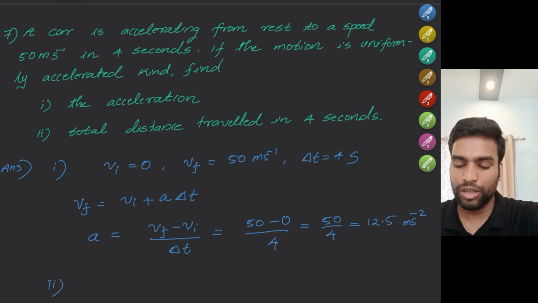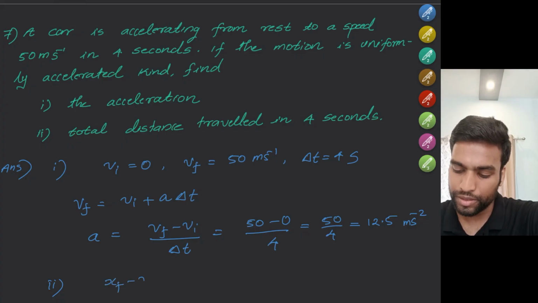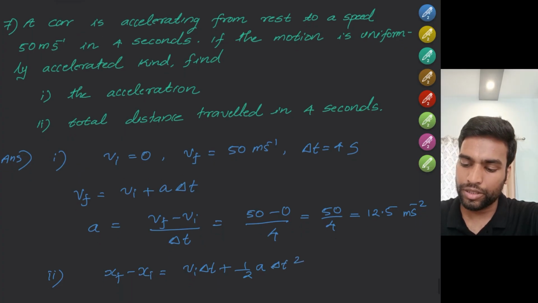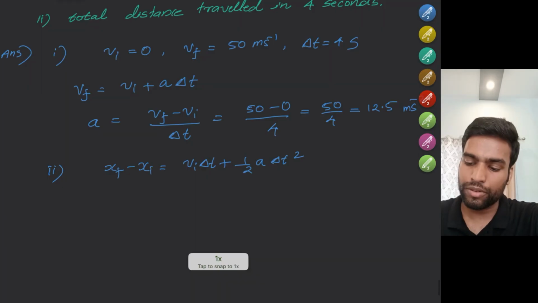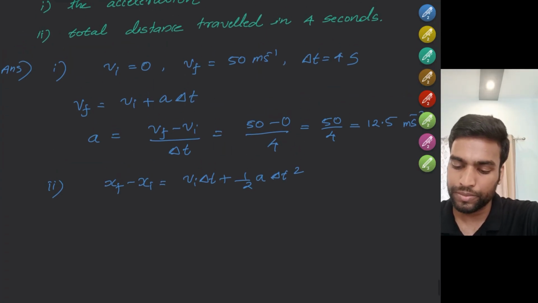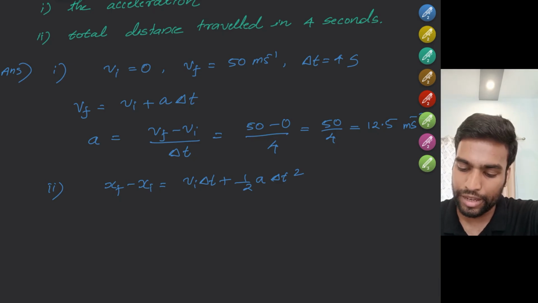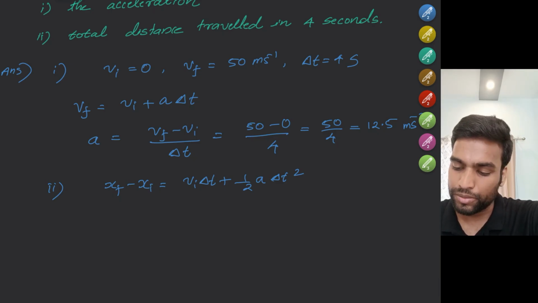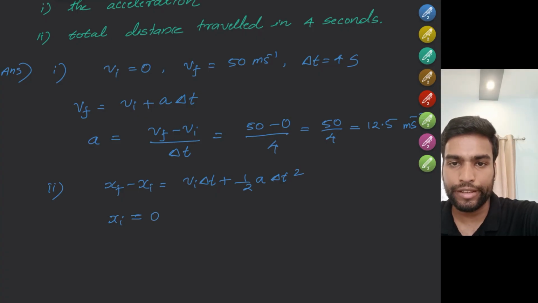Here we can use equation of motion 2, xf minus xi equal to vi into delta t plus half into a delta t square. Now vi is definitely 0, and the acceleration we found, and time also we know. So we can find the distance traveled. So xf minus xi, anyway, xi is 0 because the initial point we can take as origin.